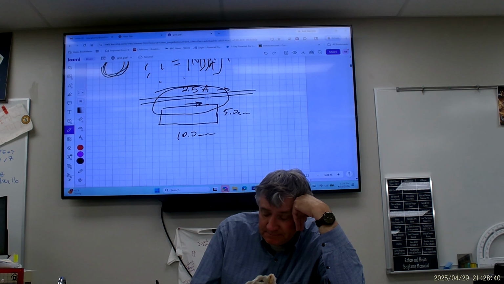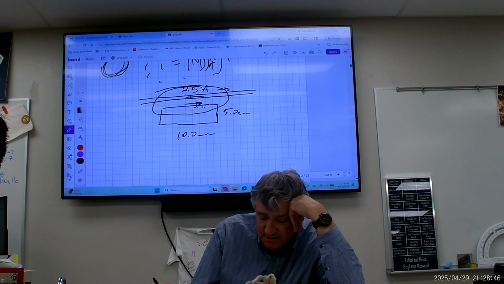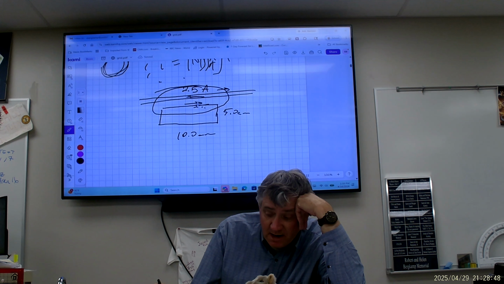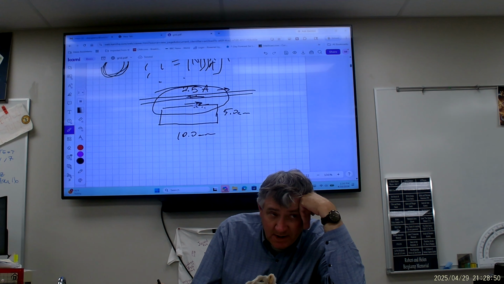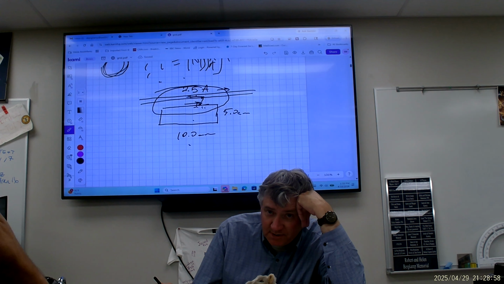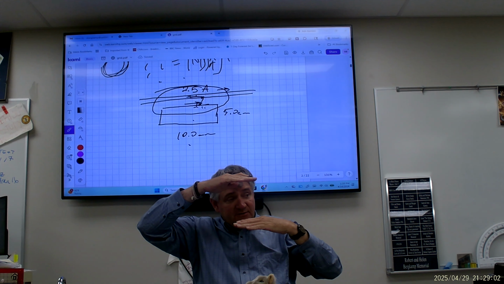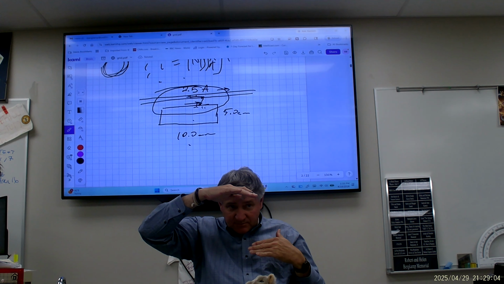At the top, when the two currents are going in the same direction, is that going to cause a repulsion between the two wires or an attraction between them? Attraction. Okay? So the top one's going to feel an attraction. What's the bottom one going to feel? Repel. So you're going to have an attractive one, and you're going to have a repulsive one.